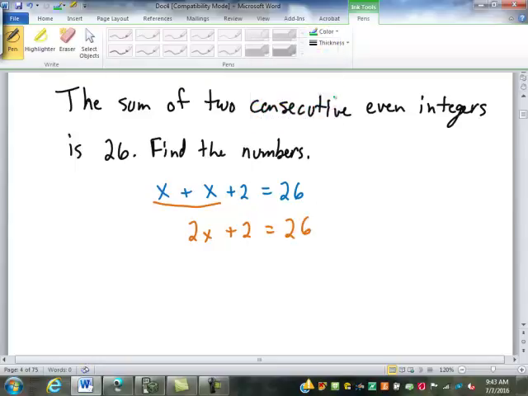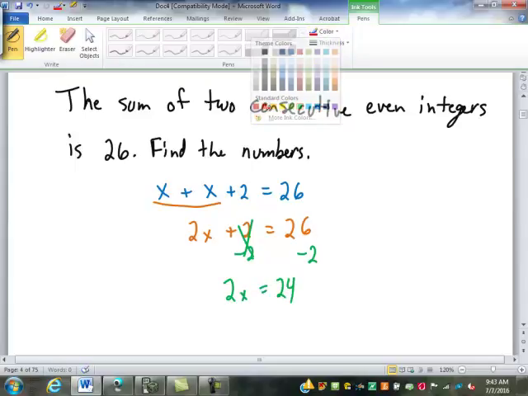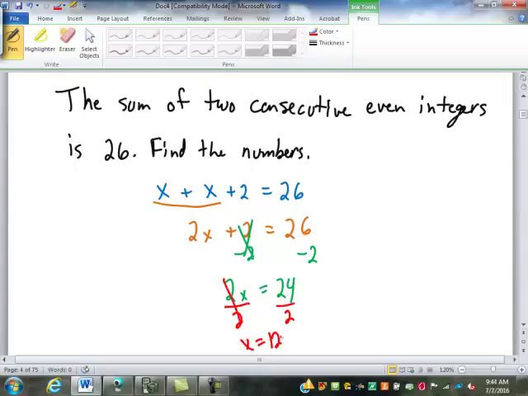And then we're going to subtract 2, take away 2. So 2x equals 24. And then divide by 2. So x is 12. So that means the smaller one is 12. What's the other one? 14. And they do add up to 26.